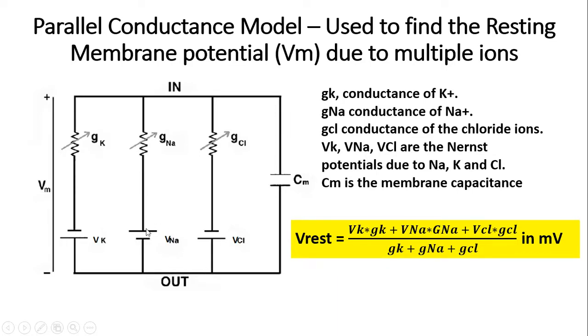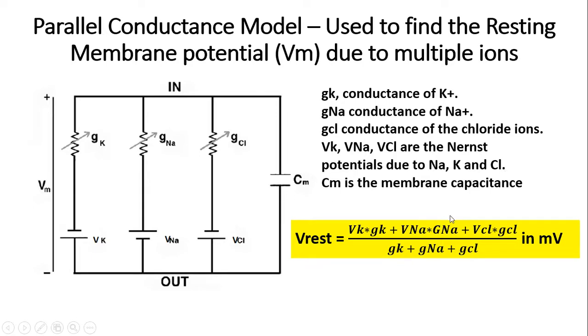For example, in the case of sodium, it can easily pass through the channel, whereas potassium and chloride have difficulty because of their shape and the properties of the channels and so on. So Gk stands for the conductance of K plus, Gna is the conductance of sodium, and Gcl is the conductance of the chloride ions. Vk, Vna, Vcl are the Nernst potentials due to potassium, sodium, and chloride respectively.